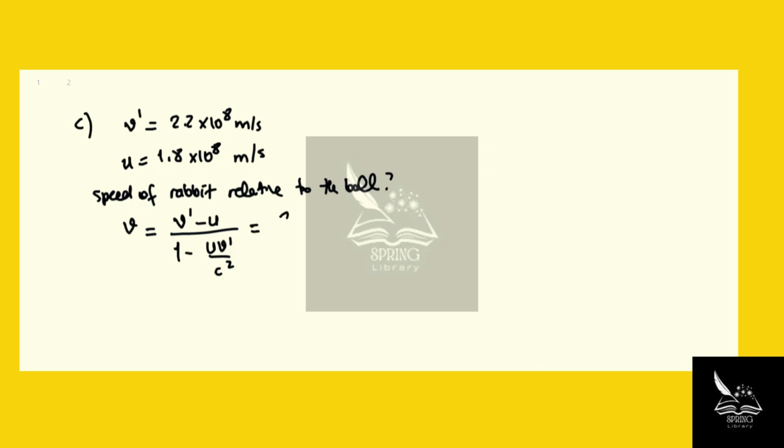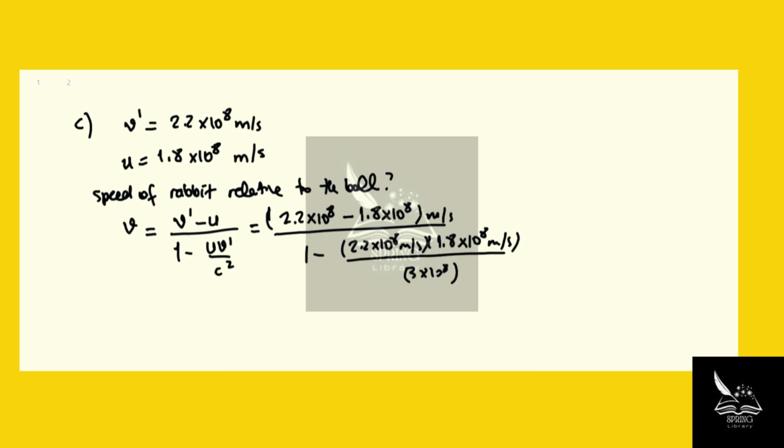So when we plug in the values, 2.2 times 10 to the power of 8 minus 1.8 times 10 to the power of 8 meters per second, divided by 1 minus 2.2 times 10 to the power of 8 meters per second times 1.8 times 10 to the power of 8 meters per second over 3 times 10 to the power of 8 squared. Now from here, the speed would be equal to 7.14 times 10 to the power of 7 meters per second. That would be the speed of the rabbit relative to the ball.